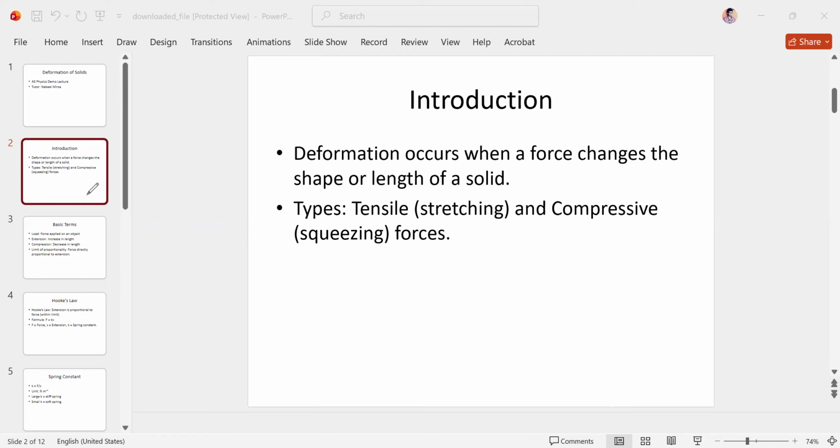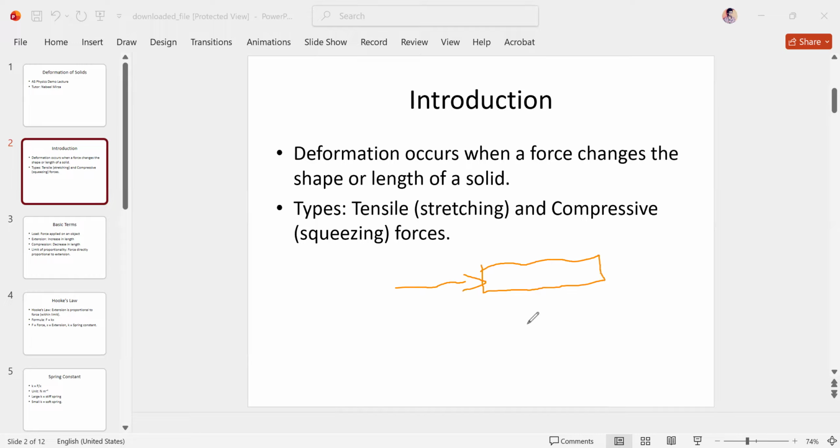I will create a diagram so you will understand. Suppose this is our piece of rod. We are applying force in this direction.